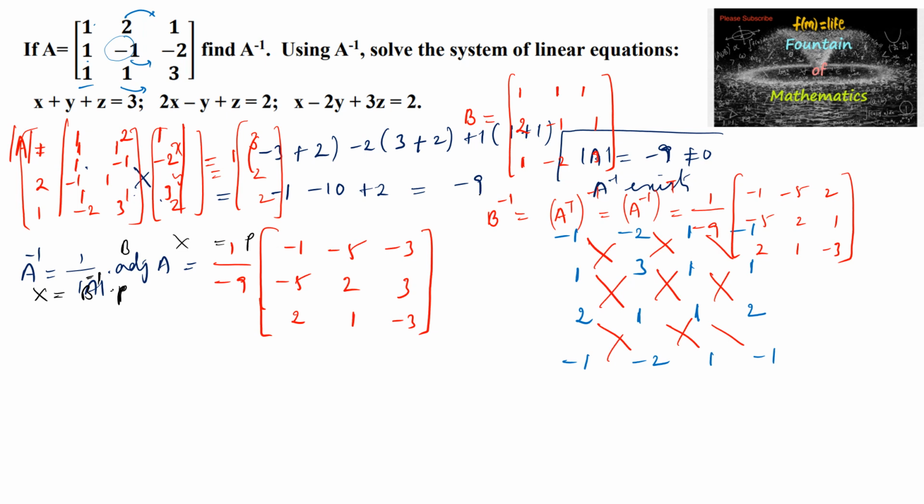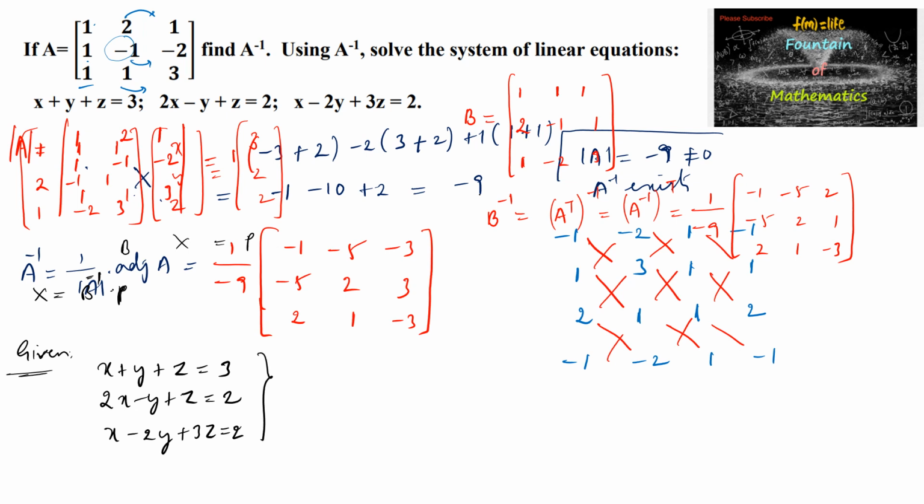Now the given system of equations: x + y + z = 3, and 2x - y + z = 2, and x - 2y + 3z = 2.